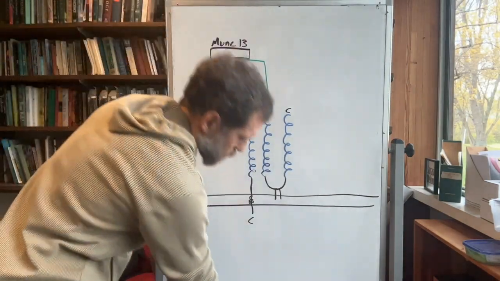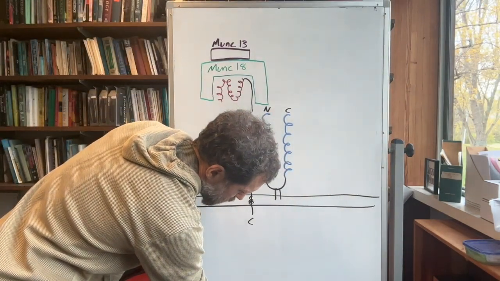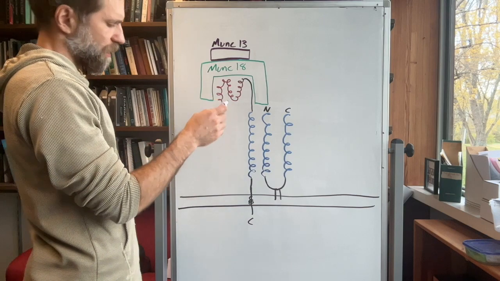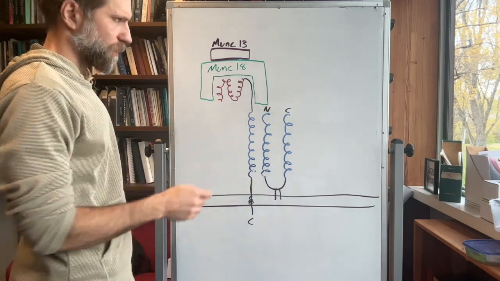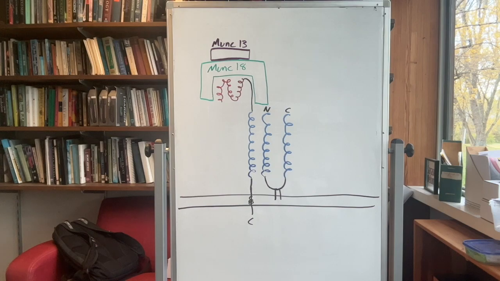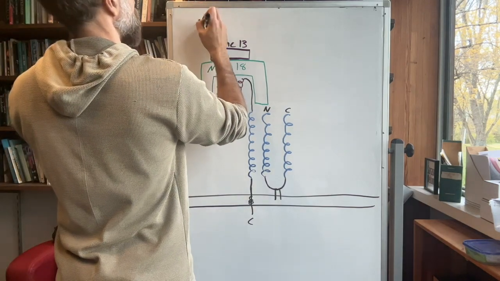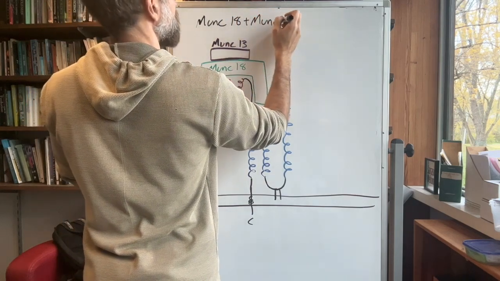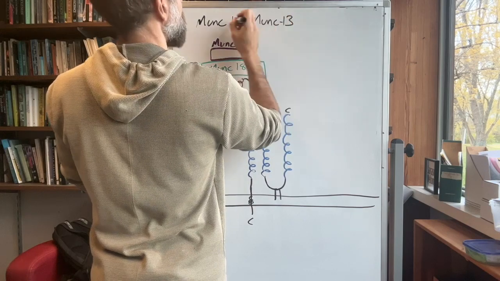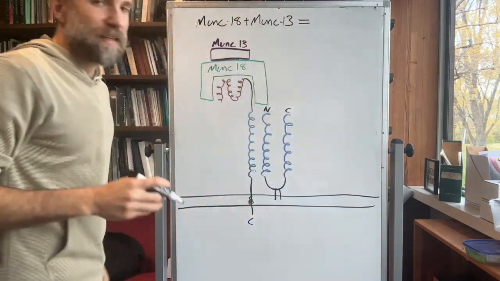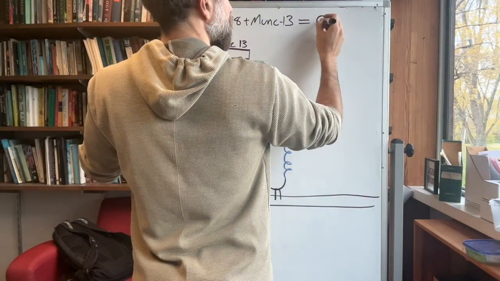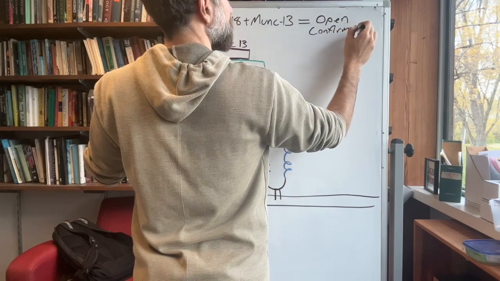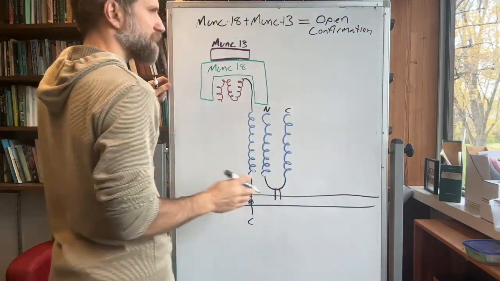It binds to MUNC18, which facilitates a conformation change in syntaxin 1. So MUNC18 plus MUNC13 gives us the open conformation of syntaxin 1.